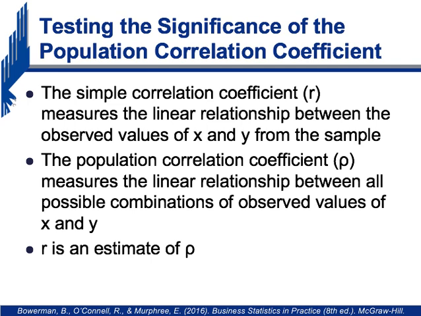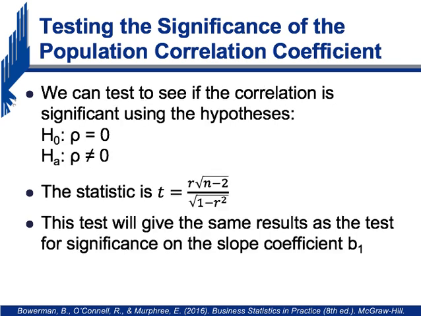Now we can also test the statistical significance of the population correlation coefficient. Remember, we only have the simple correlation coefficient, and this is only based on a sample. And in order to test if the simple correlation coefficient indicates a statistically significant correlation, then we can perform this test. So in the test, the null hypothesis states that rho is equal to 0, and the alternative hypothesis states that rho is not equal to 0.